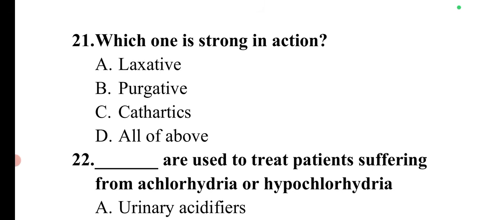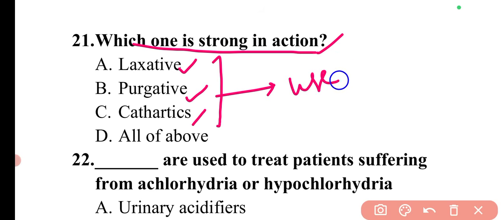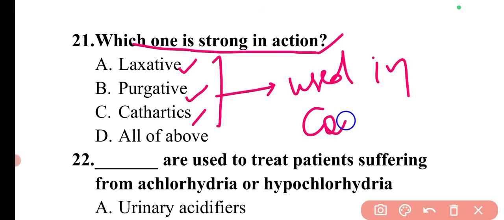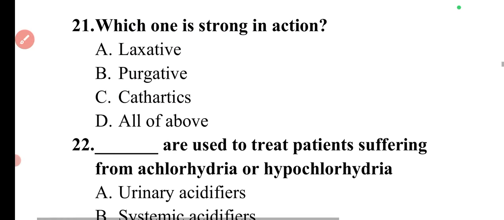Next question is, which one is strong in action? So laxatives, purgatives, cathartics, these all are the agents used in constipation. Okay, these all are used in constipation, but the cathartics have the strongest action among laxatives and purgatives. So here option C is the correct answer.